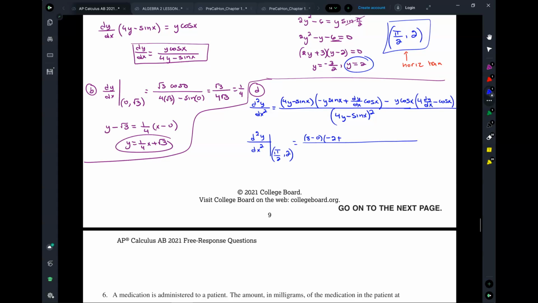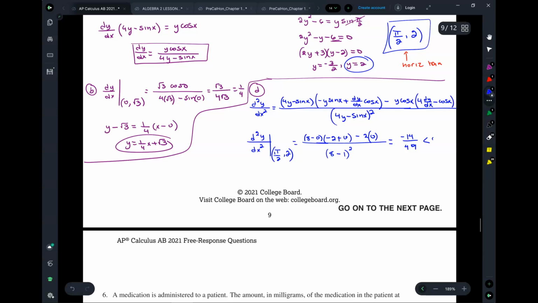What's dy dx at this point? At this point, dy dx is 0. Right? That's where you had a horizontal tangent. So 0 minus y is 2. What's cosine of x at this point? Cosine of pi over 2? 0. So that all goes away. It's just 0. All over 4 times 2, 8 minus 1 squared. Okay, so this gives you negative 14 over 49.